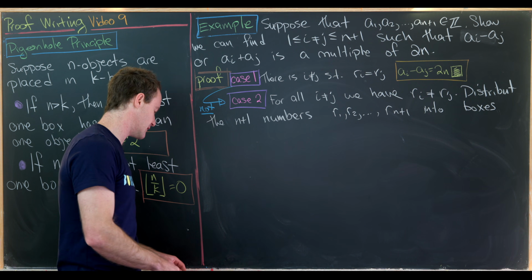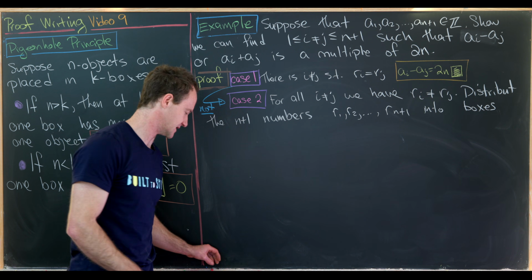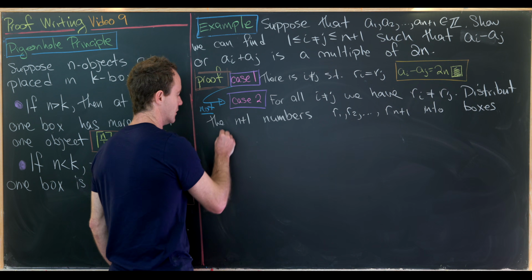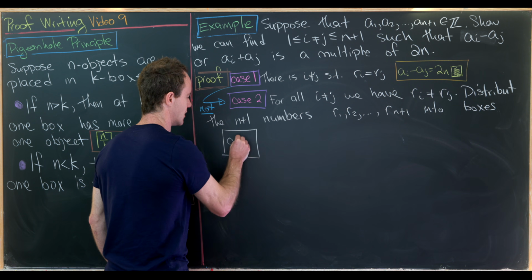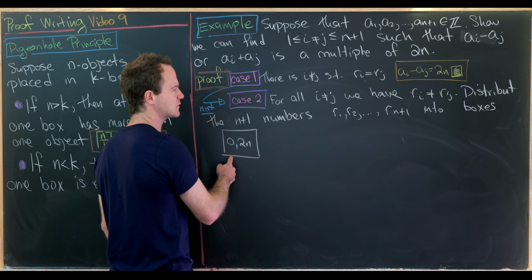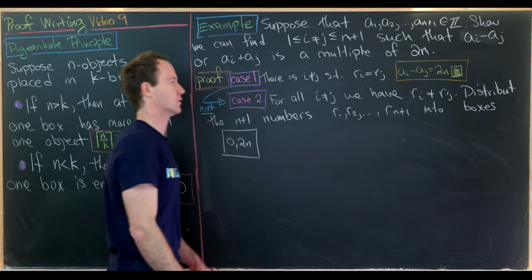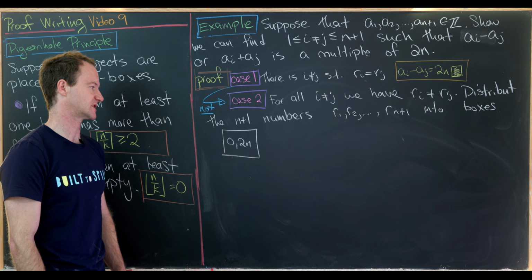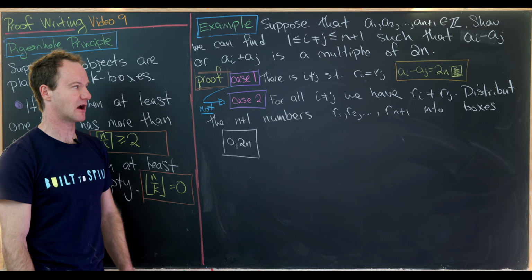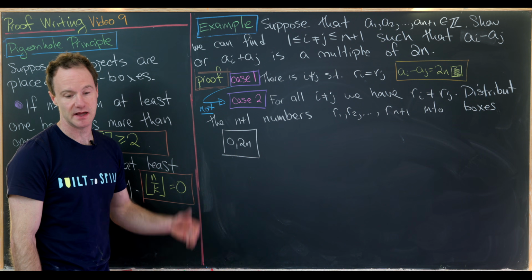So this is taking motivation from that previous example that we did. Okay, so one pair would be 0 and 2n. And I guess we're saying that we need to do summing here because we did differencing, or subtraction, in the first case. And so that would be a pair of remainders that add up to 2n.